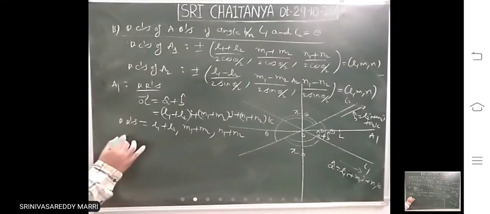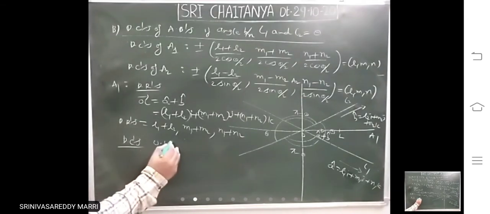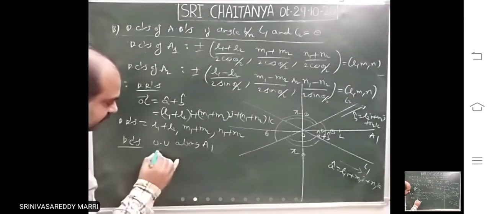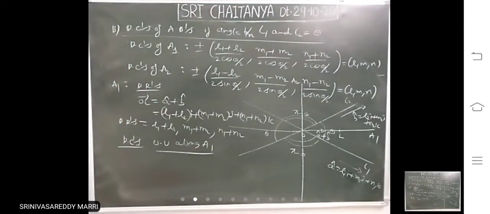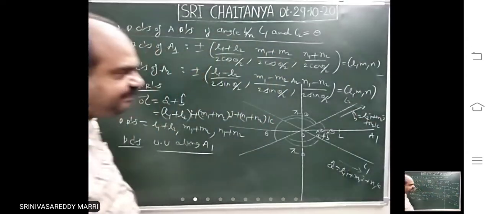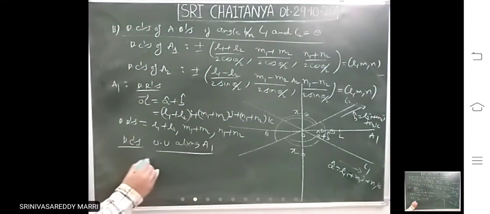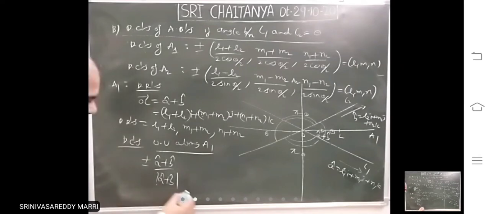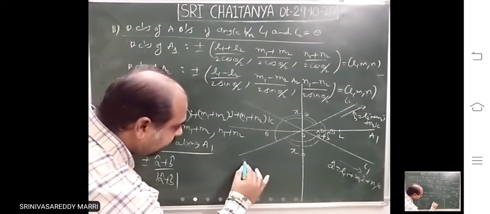Now I am calculating the DCs. DCs means you have to take the unit vector along A1. If this arrow is A cap and this arrow is B cap, the unit vector is plus or minus (A cap plus B cap) divided by the modulus of (A cap plus B cap). Look at the modulus of A cap plus B cap.